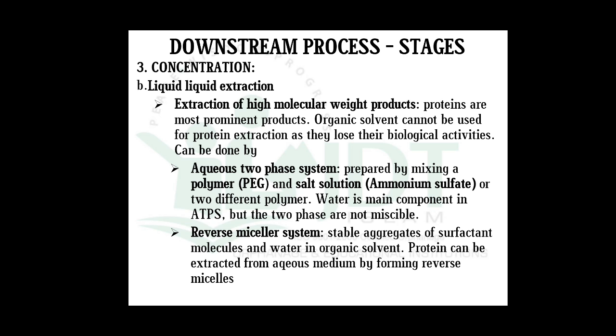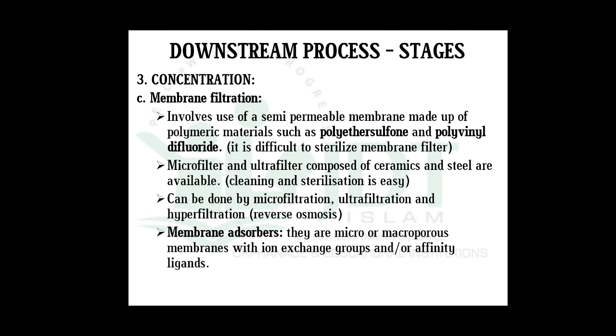Water is the main component in an aqueous two-phase system, but the two phases are not miscible. Another method for extraction of high molecular weight products is the reverse micellar system, which consists of stable aggregates of surfactant molecules and water in organic solvent. Protein can be extracted from the aqueous media by forming reverse micelles.